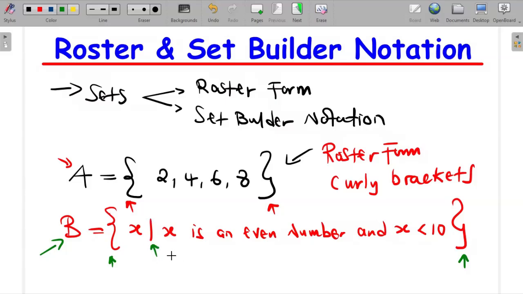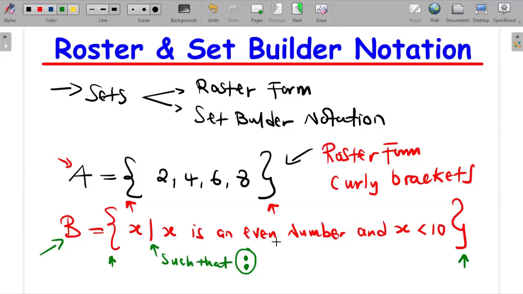It's actually a symbol in math that means such that. In some books, you can also represent it as a colon like this. So a colon like that or a straight line like that, they mean such that.